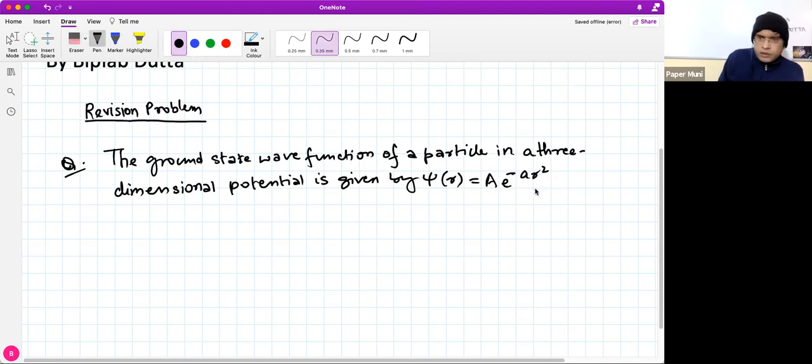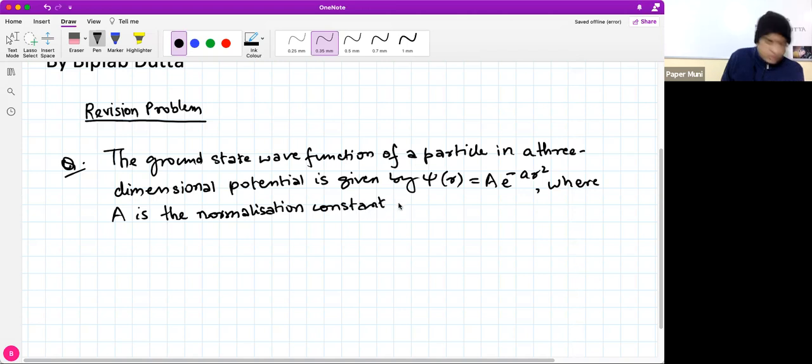Now where A is a normalization constant, and the value of A is given by.